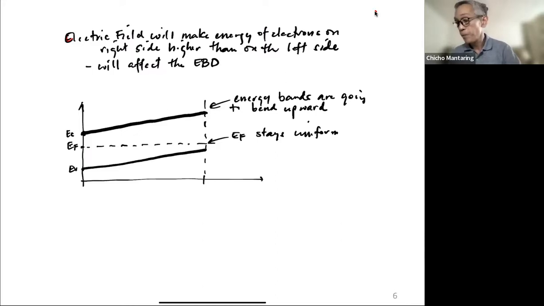Okay. Are there any questions? So this is what you call band bending. This is how your energy band diagram is going to look like at steady state.